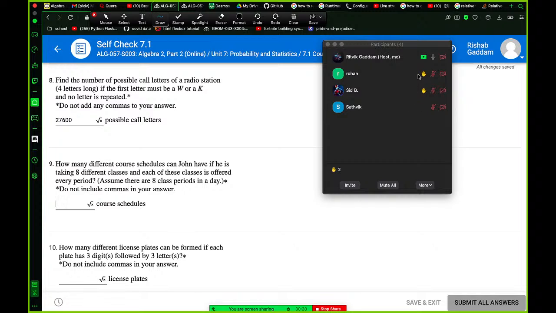Okay, so it seems like either Rohan or Sid wants to do this. Satvik, do you want to do this one? Okay, it seems like a no. So Rohan, you can do this one.